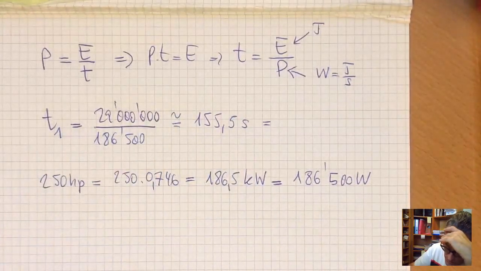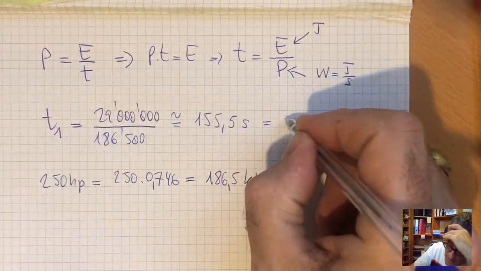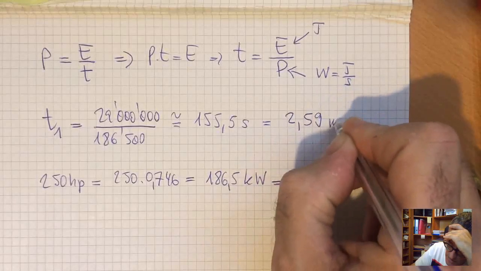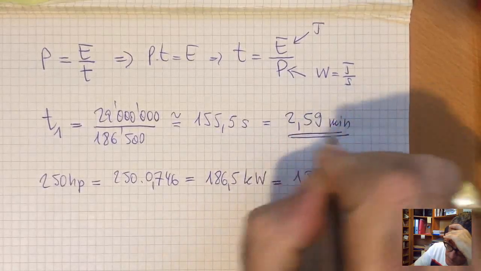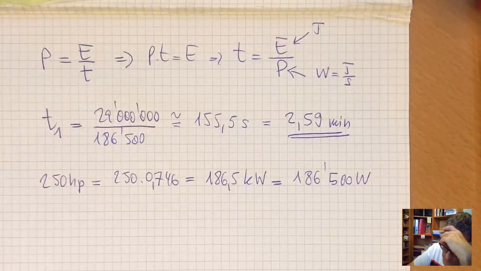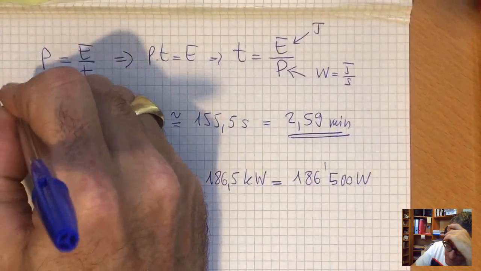If I want to compute how many minutes that is, I can divide it by 60, and this gives me 2.59 minutes. This is the first car.